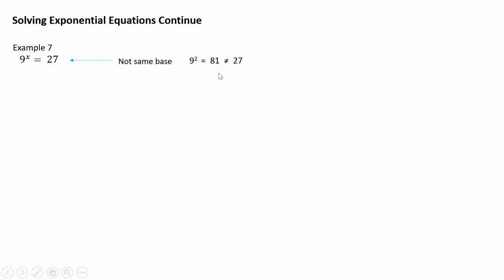That means we have to downgrade both bases for them to be equal. In other words, we have to find a common base for 9 and 27, which is going to be 3, because 9 equals 3 squared and 27 equals 3 cubed. That's why, guys, I mentioned earlier that before we start solving exponential equations, you have to know perfect squares, perfect cubes, all the way to the fourth power.